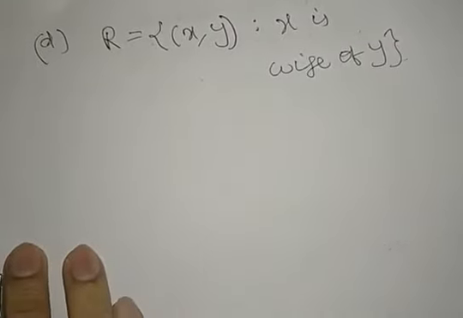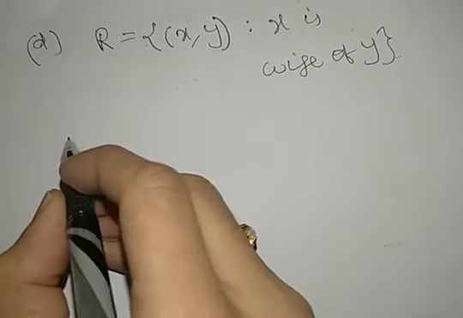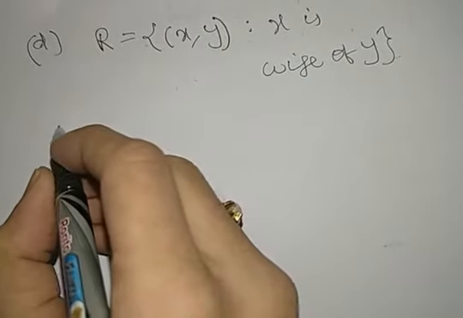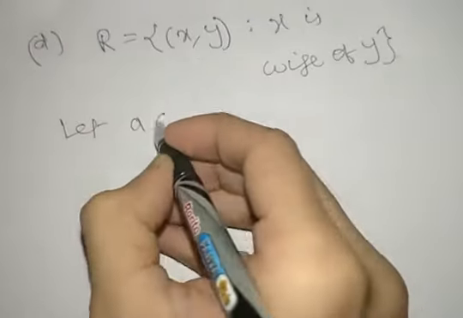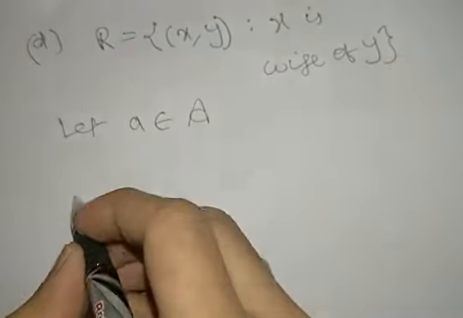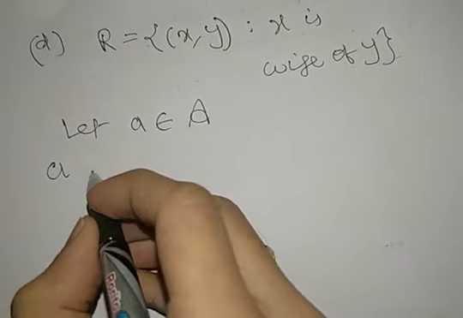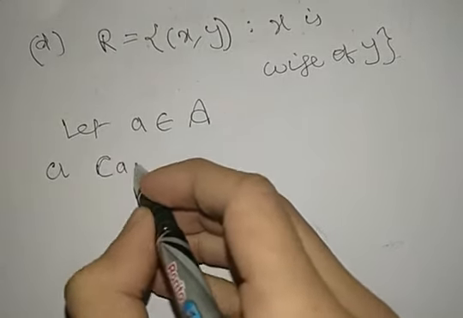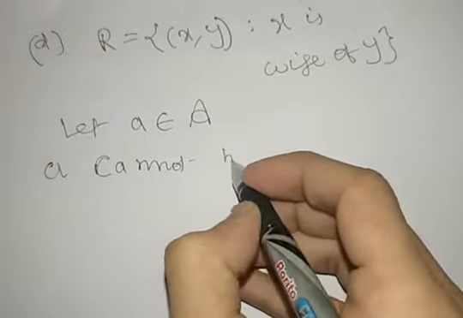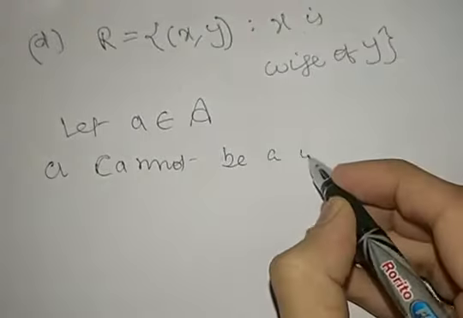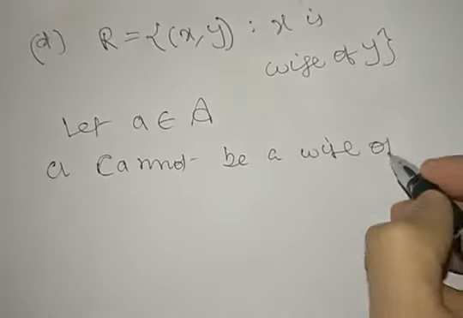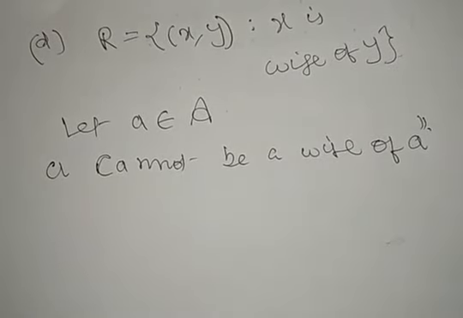Now if you take, let a belong to A, you can see that a cannot be a wife of himself or herself.